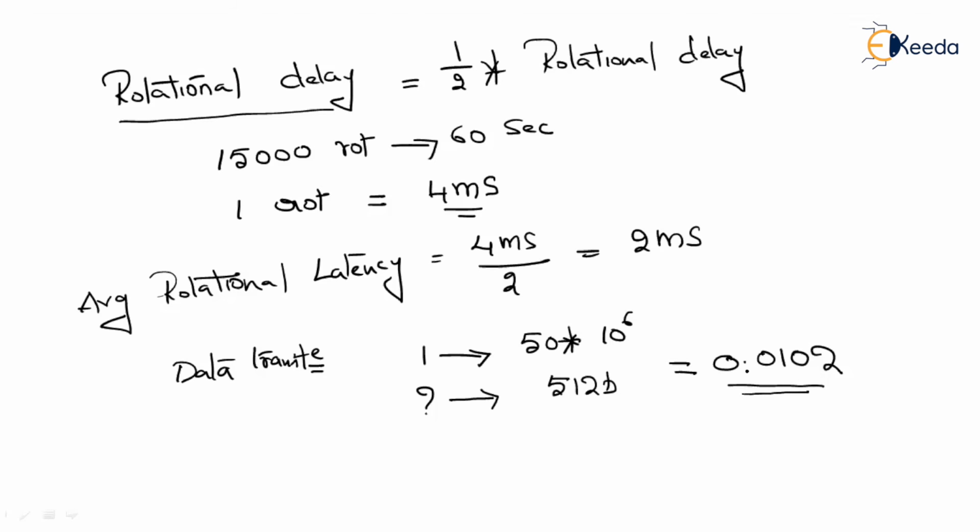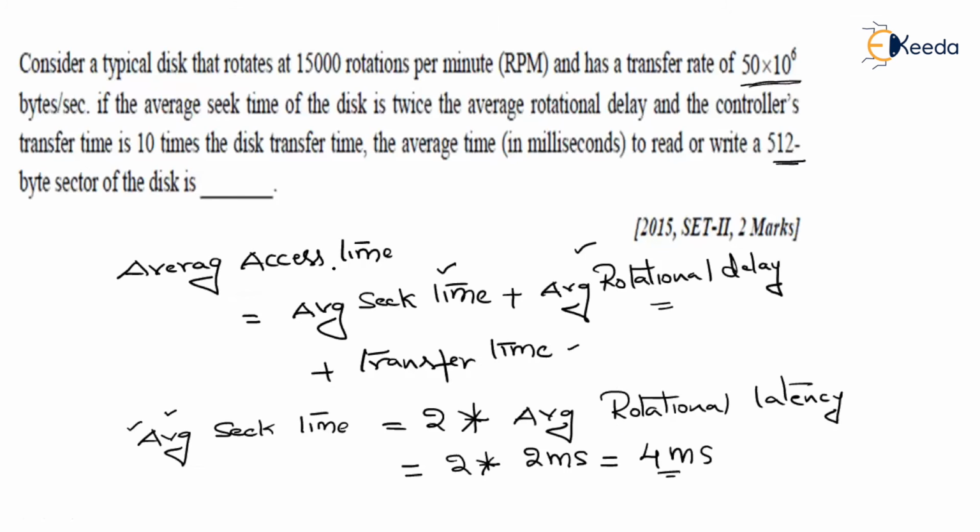Now if we add all these three, we need to take the controller transfer time as the effective transfer time. The transfer time for 512 bytes is equal to 0.0102. But here there is an additional detail given, that the controller transfer time is 10 times the disk transfer time.